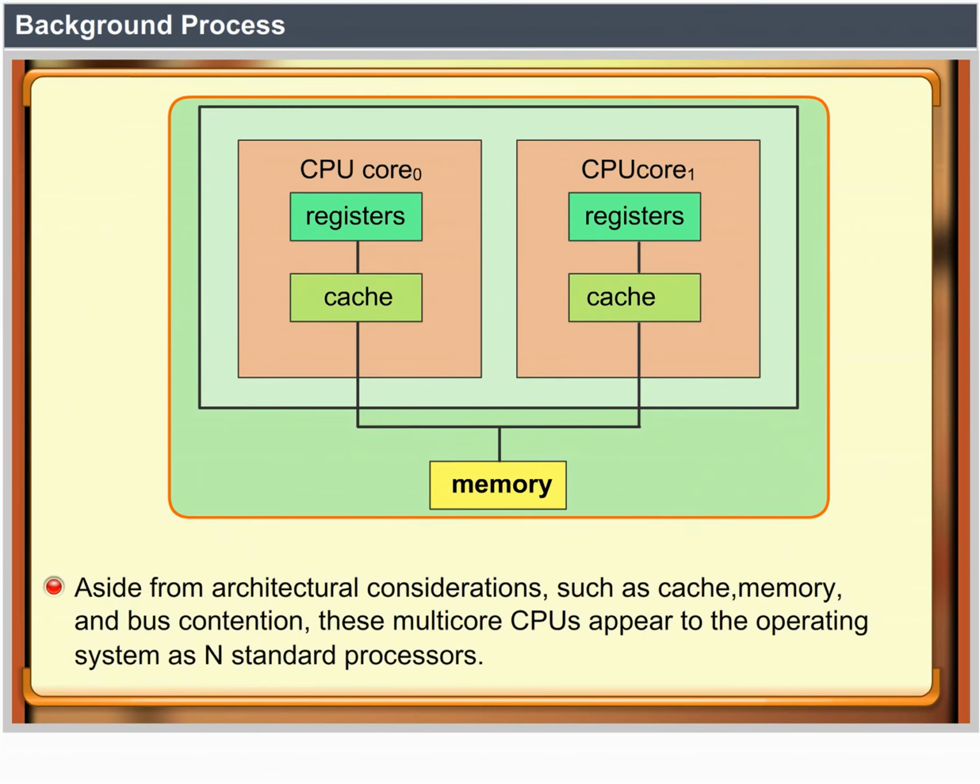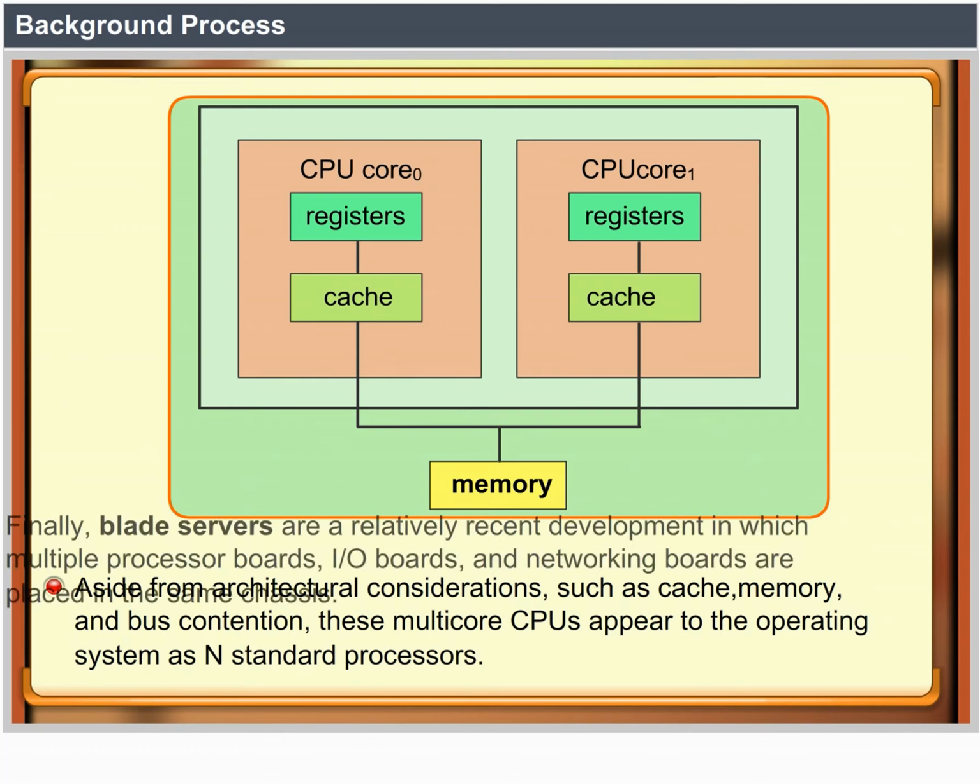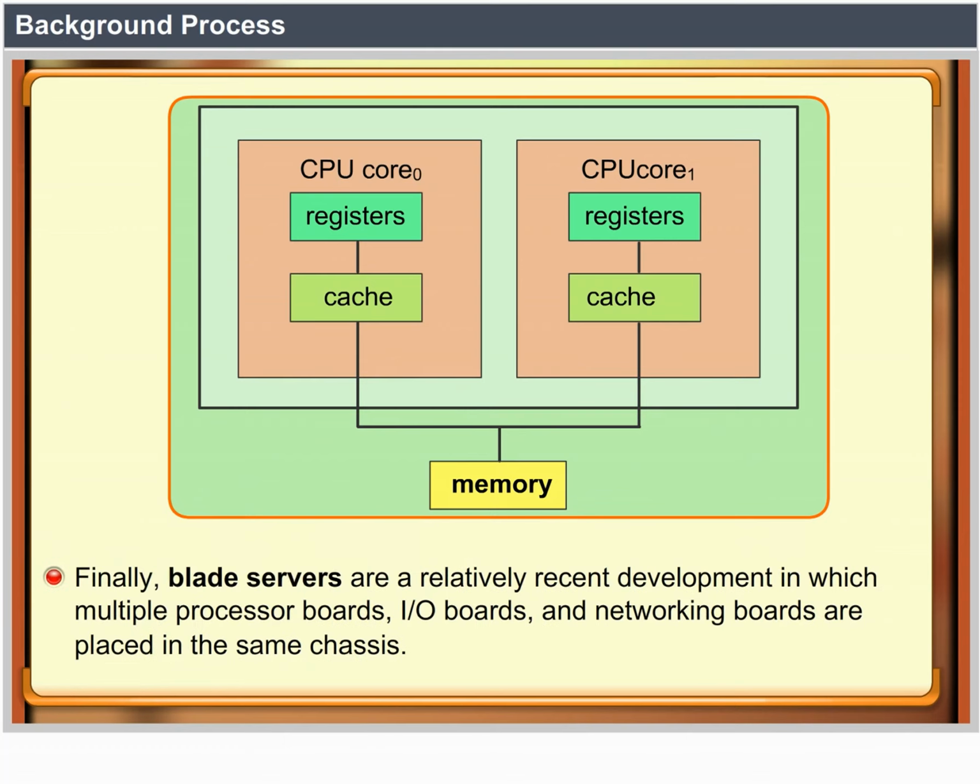Aside from architectural considerations such as cache, memory, and bus contention, these multicore CPUs appear to the operating system as N standard processors. Finally, blade servers are a relatively recent development in which multiple processor boards, input-output boards, and networking boards are placed in the same chassis.